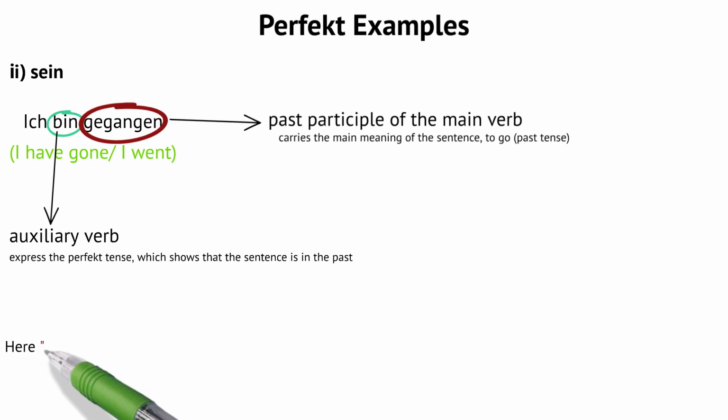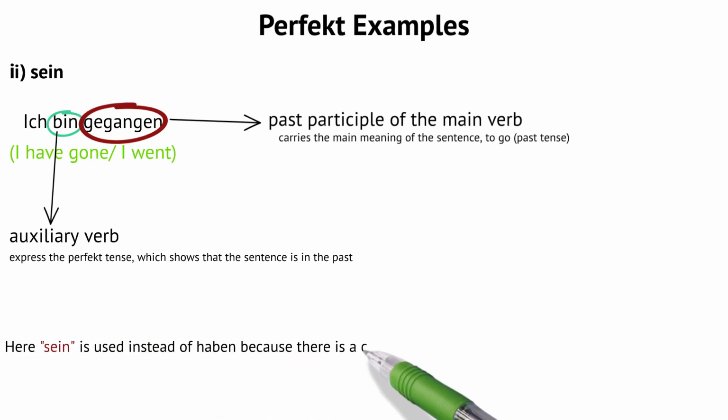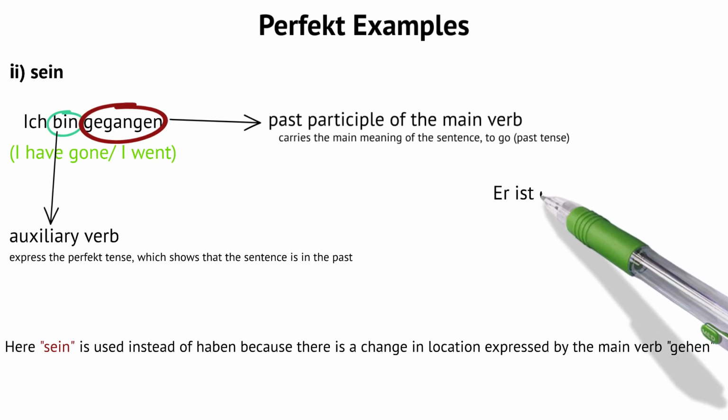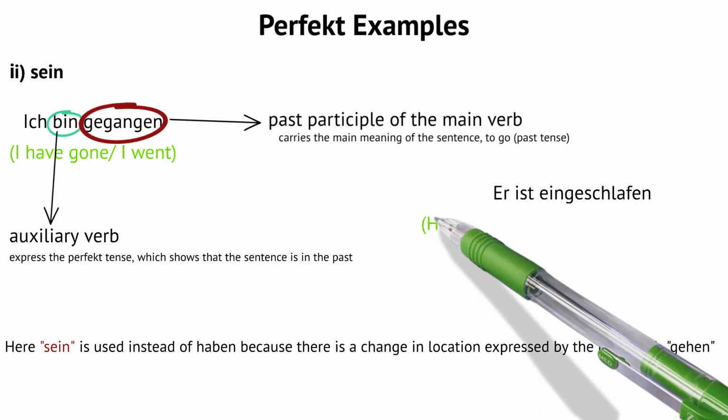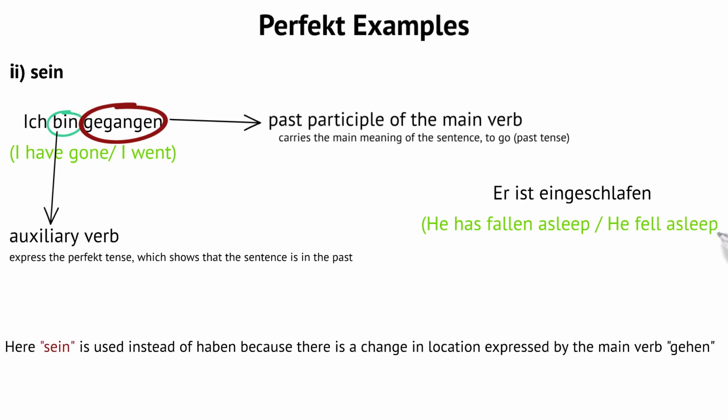Here the auxiliary verb sein is used instead of haben, because the main verb, gehen, expresses a change in location. Another example is, Er ist eingeschlafen, which translates to he has fallen asleep. It also uses the auxiliary verb sein, conjugated as ist.